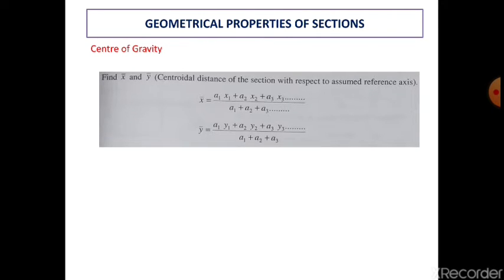Next we'll try to understand how to calculate the center of gravity of any object given to you.